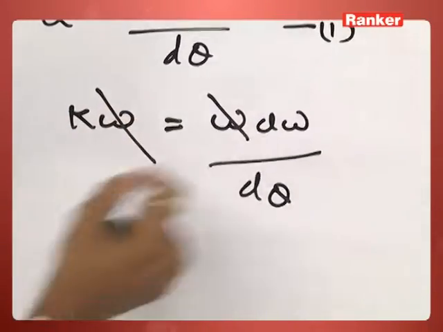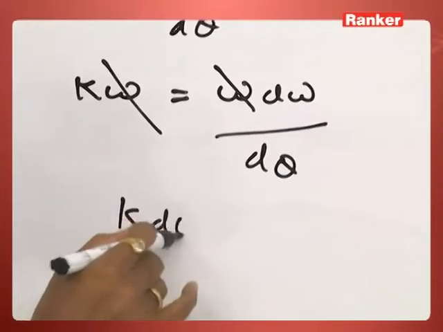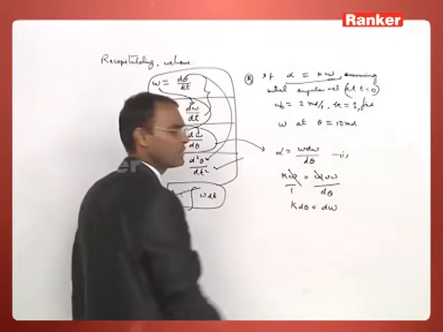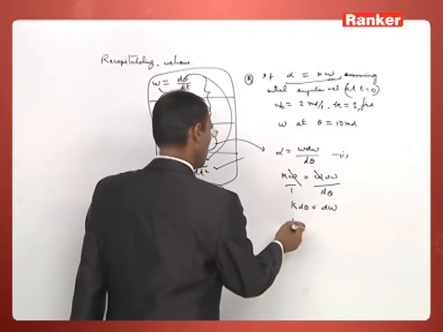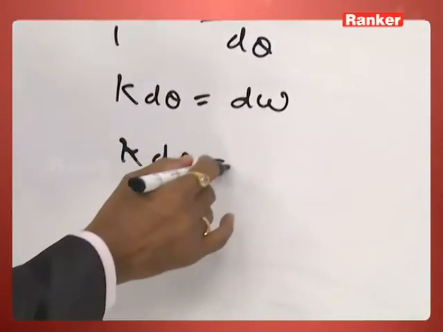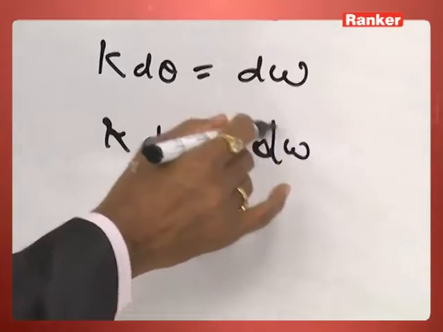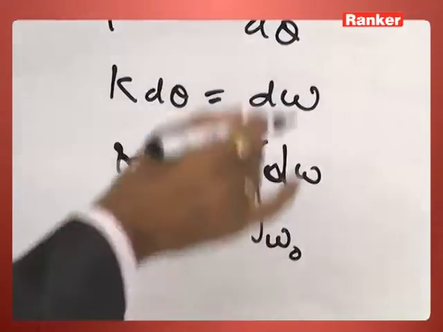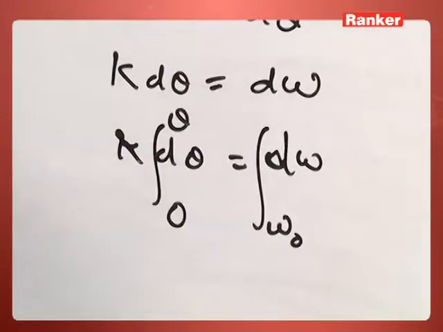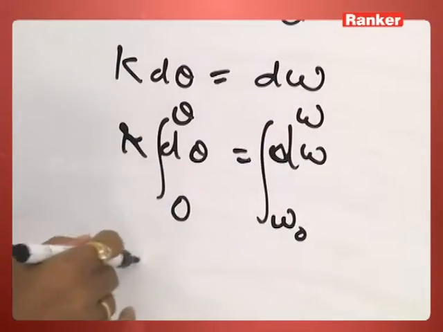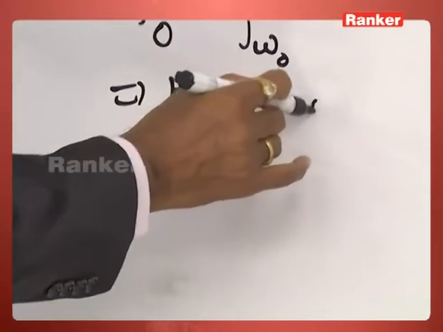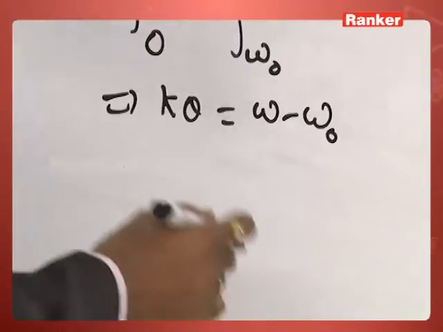Omega will get cancelled from both sides to get k into d theta, by cross multiplication, is equal to d omega. Let us integrate both sides. When theta is equal to 0, omega is omega naught. When theta is theta, omega is omega. So, we are getting k theta is equal to omega minus omega naught.